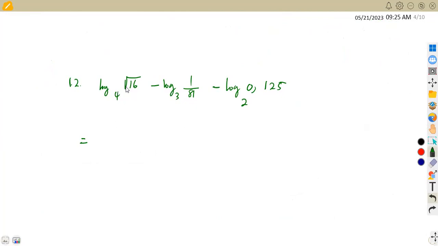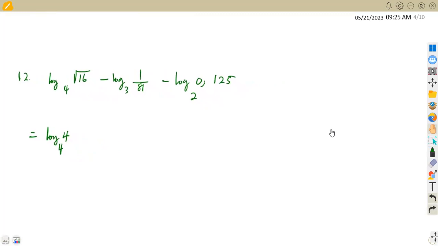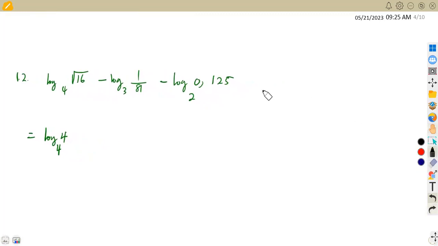So this part, guys, square root of 16, that's a 4. Remember, a number that multiplies itself to give us 16, that's a 4. So this we can rewrite as the logarithm of 4 in the base of 4. But here we've got a fraction, 1 over 81. Whenever you are working with logarithms, you are also going to apply some of the laws of exponents.